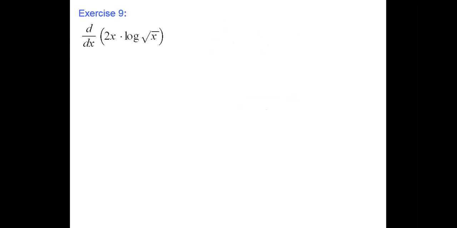Okay, maybe we can do this: 2x times log of root x, with the product rule. One thing before the derivative, I will try to simplify. And again, log, I mean base 10. The root is x to the power of 1/2.